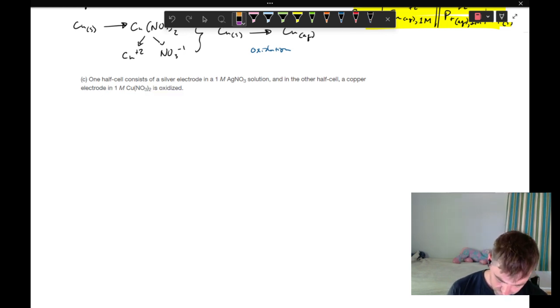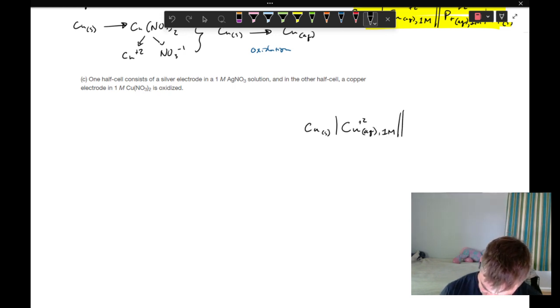So we know that copper, and we've already done this one up above, so I'm not going to repeat it, but this is our anode, site of oxidation. Now we just need to figure out the silver electrode in solution.